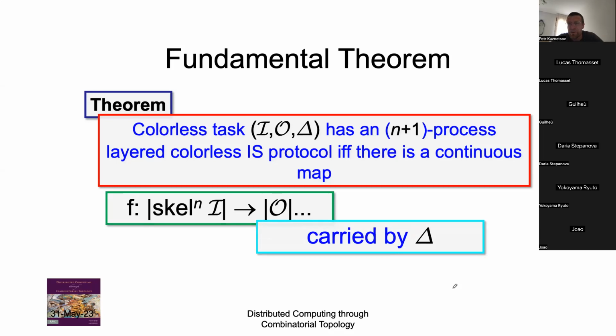Do we remember what a continuous map carried by means? Now I'll just recall quickly. Continuous maps do exist, but they should just preserve some task restrictions, and the task restrictions are delta.